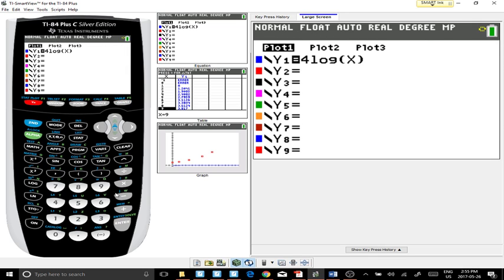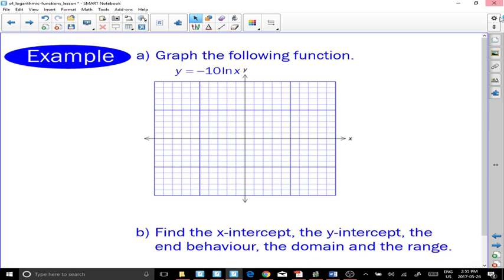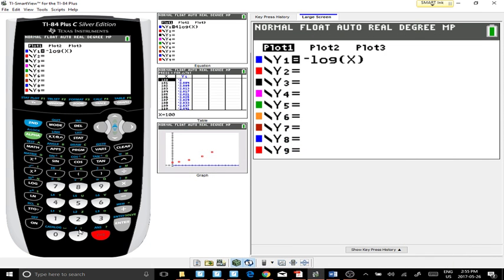So if we go y equals, we type in negative 10 ln x. And now we do have to set a window though. So what kind of window are we going to set?